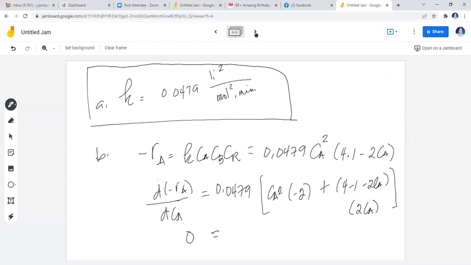And this will also be right away taken from the right side because you can divide the entire expression by 0.0479. It would still be a 0 here on the left. So I'll have here minus 2CA squared. This one will become plus 2CA times 4.1.